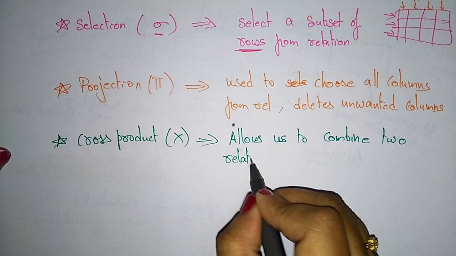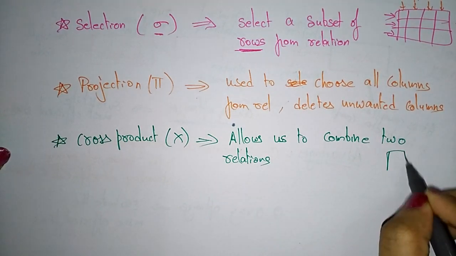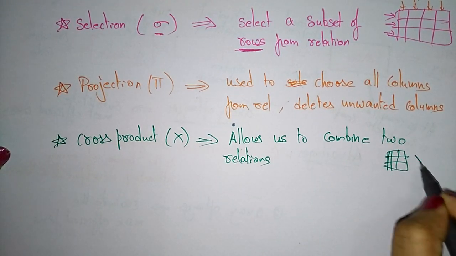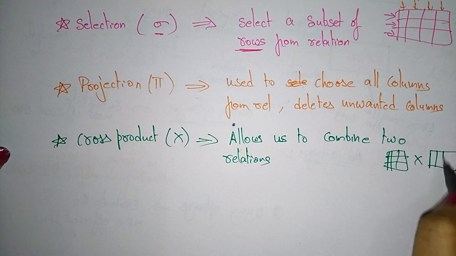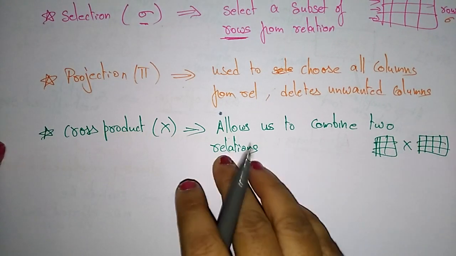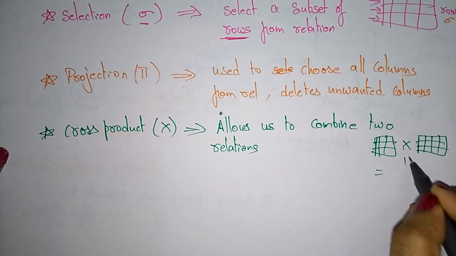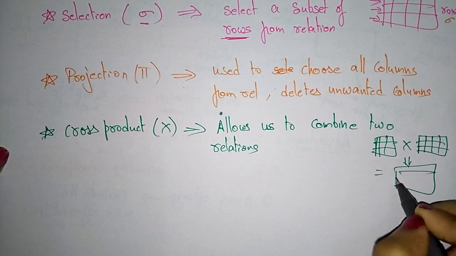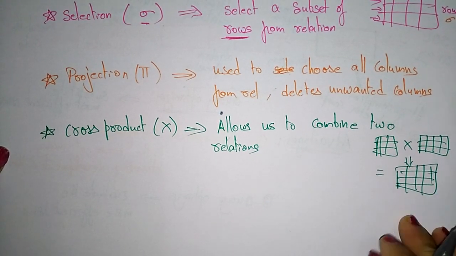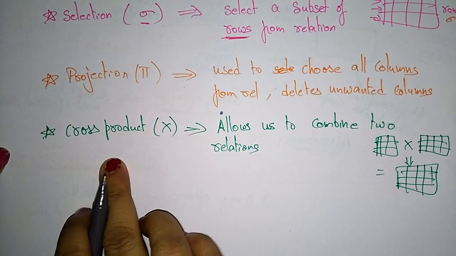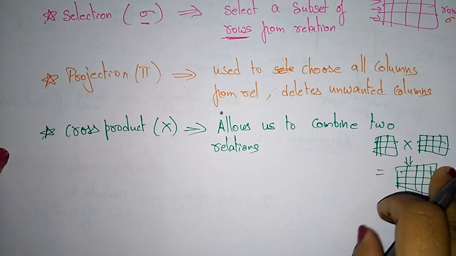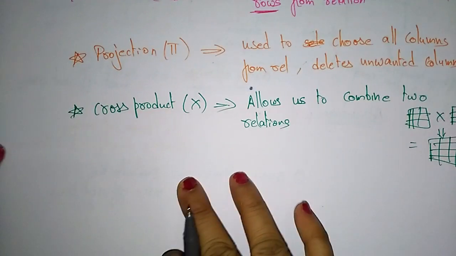Two relations means two tables. If you take two tables, it just does a multiplication, so it combines two tables and gives one table as a result. So the cross product allows us to combine two relations into one relation.